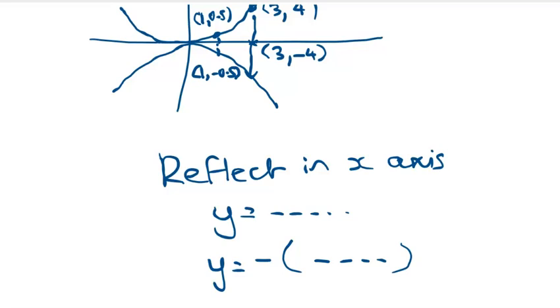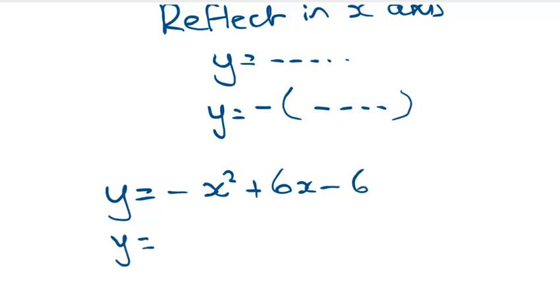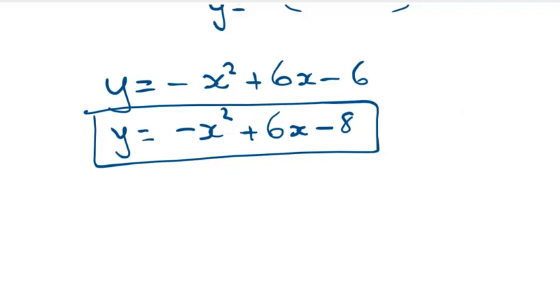And again, this will work on all patterns, not just quadratics and not just linear ones, any function or any curve. So here we started off with y equals negative x squared plus 6x minus 6. Then we dropped it by 2. So we got negative x squared plus 6x minus 8. And this is the one that we want to reflect.